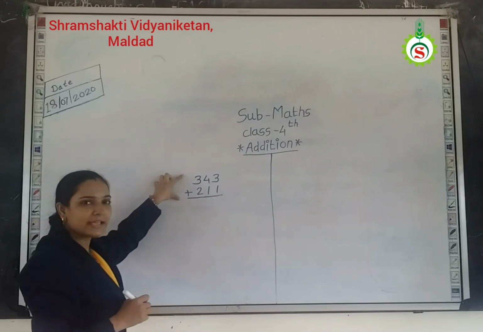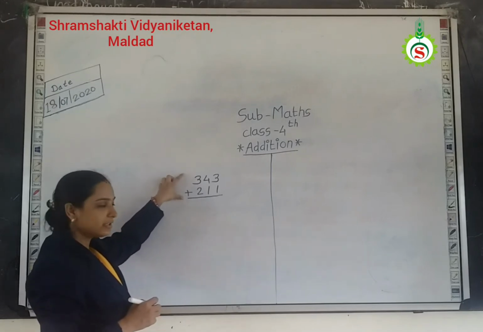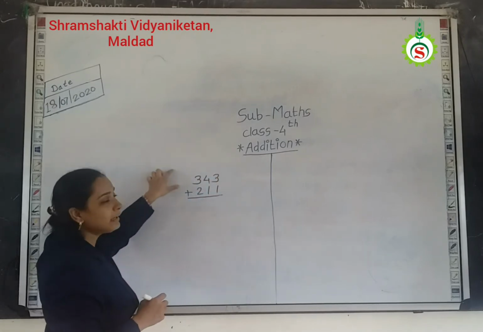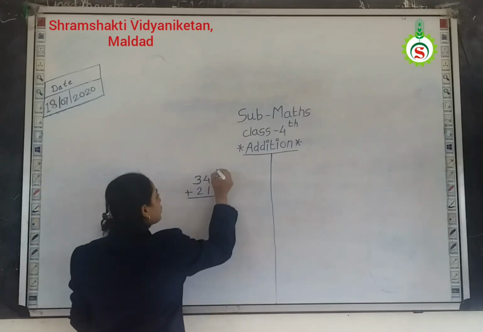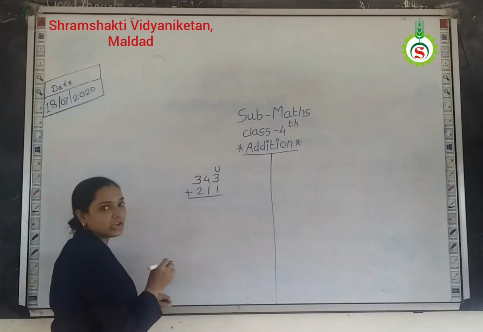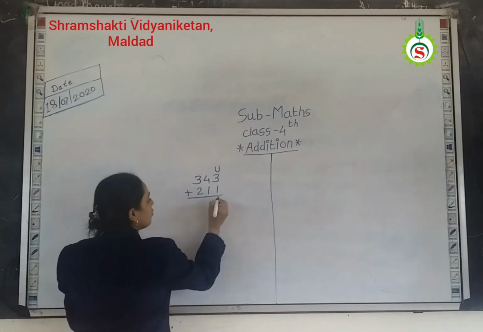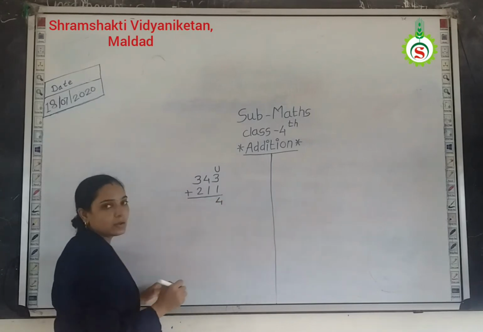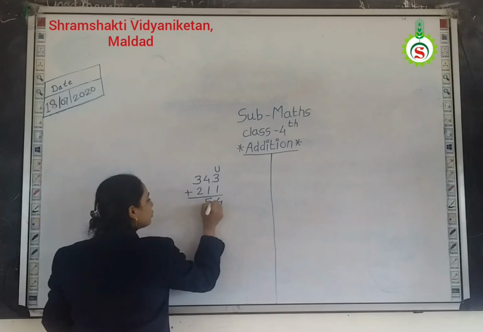Can you solve this example? Yes, because you learned this type of example in third standard. Solve it. First step, units place addition. 3 plus 1 is equal to 4. 4 plus 1 is equal to 5.